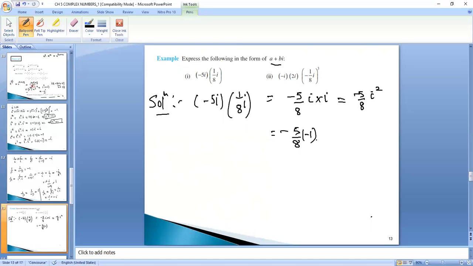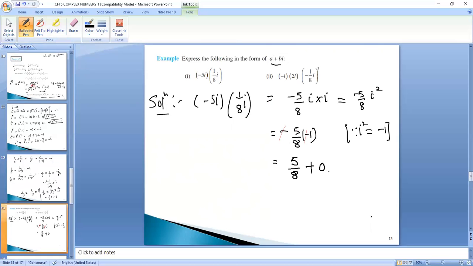The value of iota square is minus 1. You will write the reason because iota square is minus 1. Now minus minus cancel each other. So we will be having 5 by 8. No term with iota is there, but we have to express in a plus b iota.